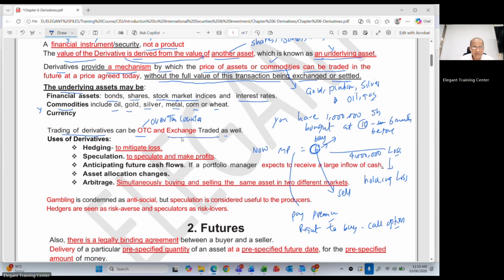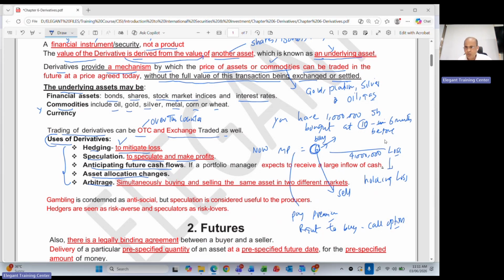Okay. Uses of derivatives: hedging to mitigate the loss, speculation to make profit, anticipating future cash flow, asset allocation changes, and arbitrage. Again, what are the uses? Why does a person buy derivatives? To mitigate loss.